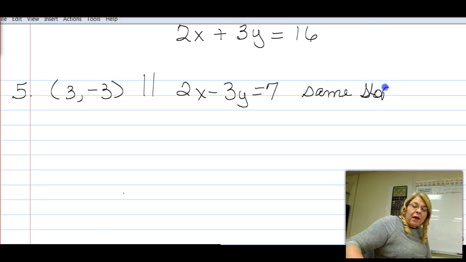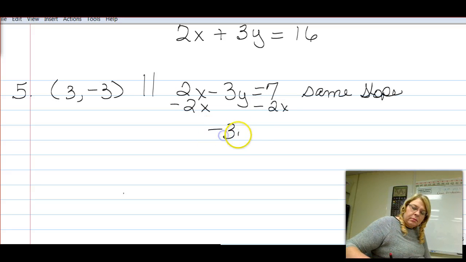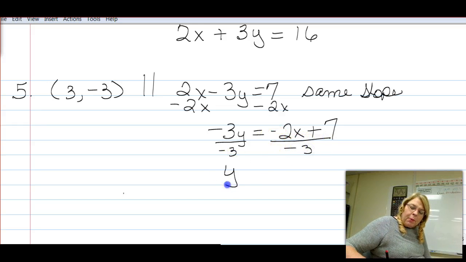So let's go find the slope of the line we already know. I'm going to start by subtracting 2x from both sides. I'm going to divide by the -3. So the slope I am using is going to be positive 2/3 x.